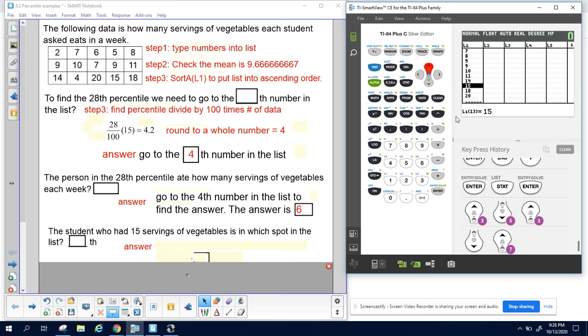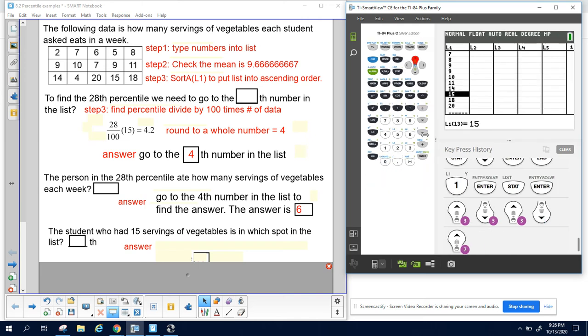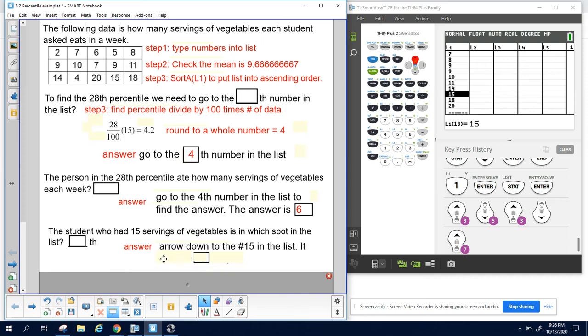Here it is, the 15, and the important number that they're asking for, the person who ate 15 servings of vegetables each week, is the 13th in the group. So the steps: arrow down to the number 15 in the list and figure out which one it is. It's the 13th number, in the 13th spot. So in Delta Math, we just want you to put the number 13.